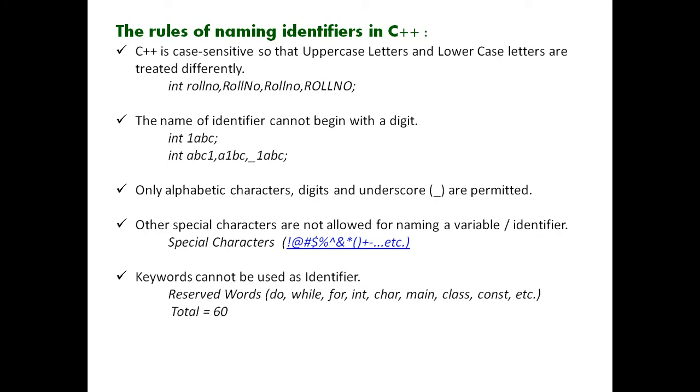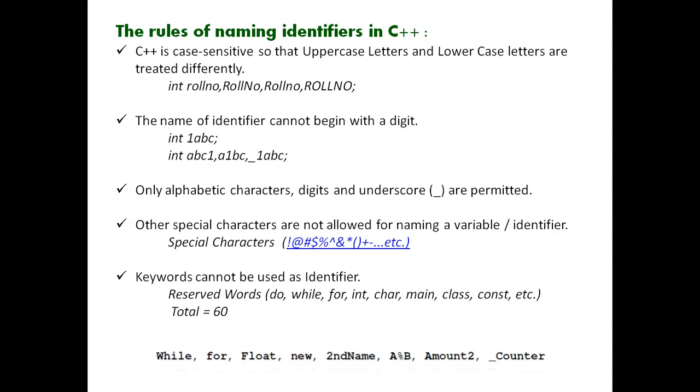Class is the keyword used to declare or define a class. Const is the keyword used to declare a constant variable. So these are the keywords, and in total we have 60 keywords in C++ that cannot be used to name identifiers. Please go and check what these keywords are, so it will be helpful for you to point out whether it is a keyword or not in the exam paper.